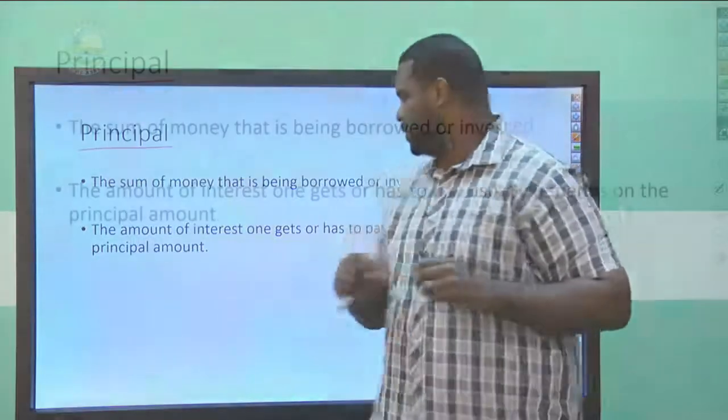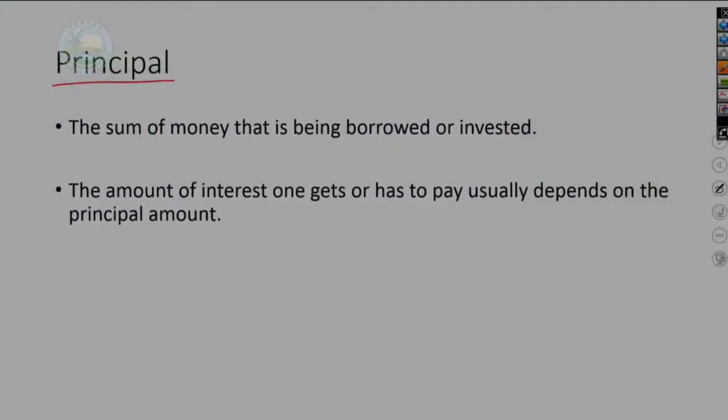The amount of interest one gets or has to pay usually depends on the principal amount. For example, if I say I'm going to lend you $10 and you give me back $1 in interest, and then you come and ask to borrow $100, do you really think I should only charge you an interest of $1? No. We have to keep the ratio the same.